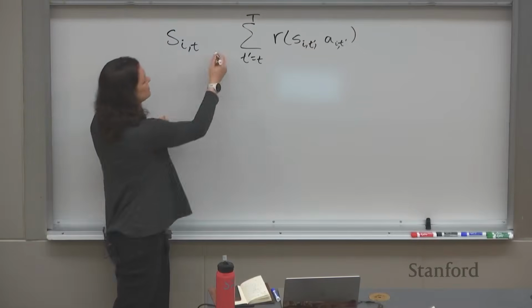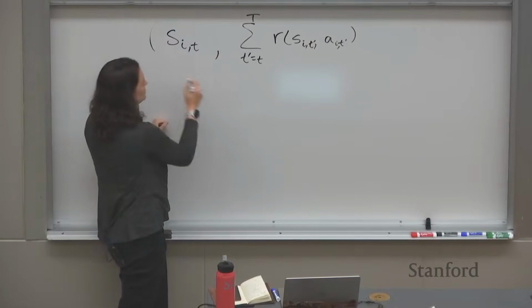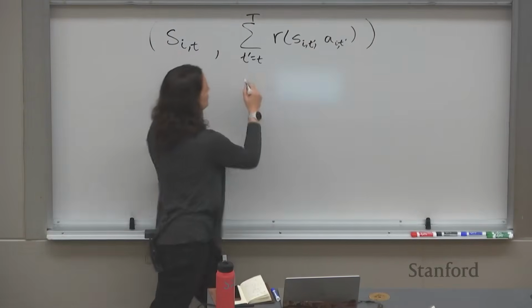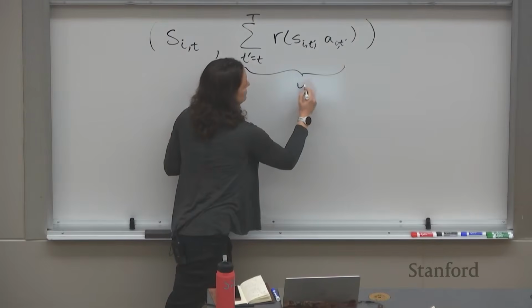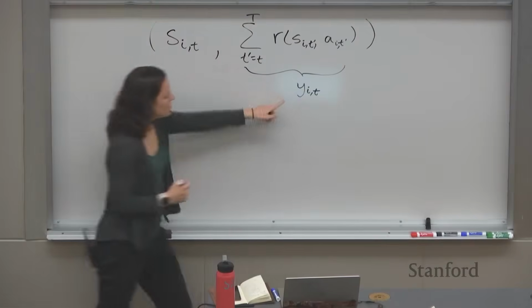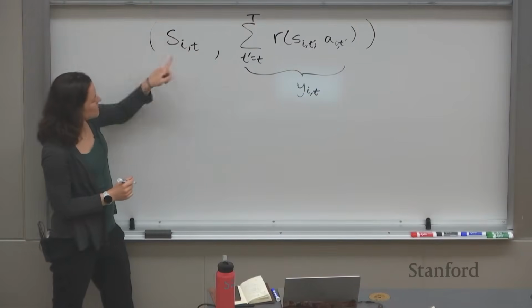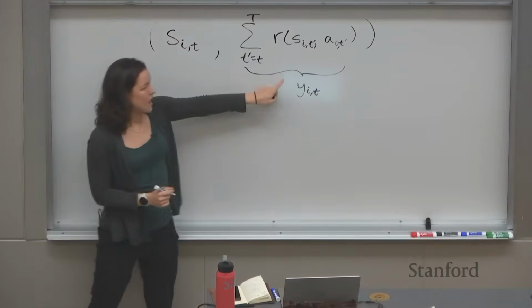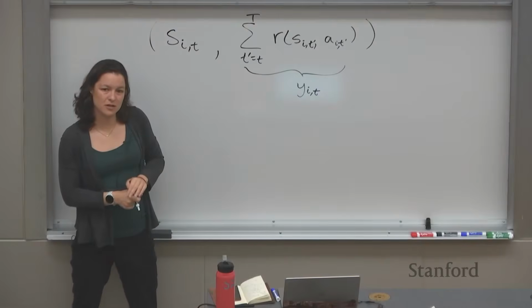With this, you can form a supervised learning data set where this is the label in the data set. And you can train with supervised learning a model to take as input this and output this quantity right here.